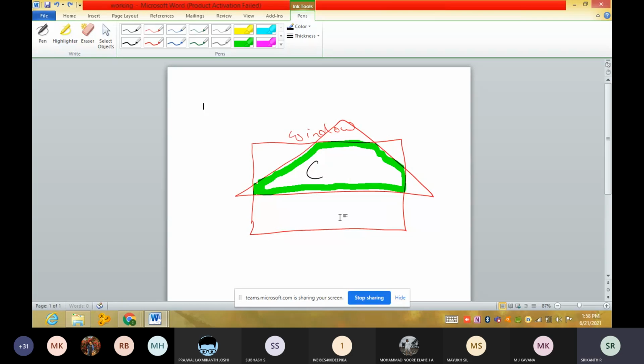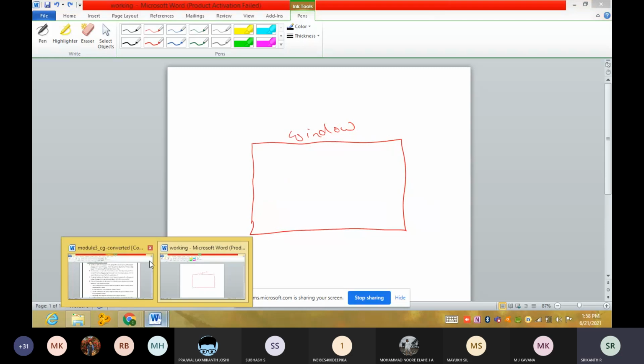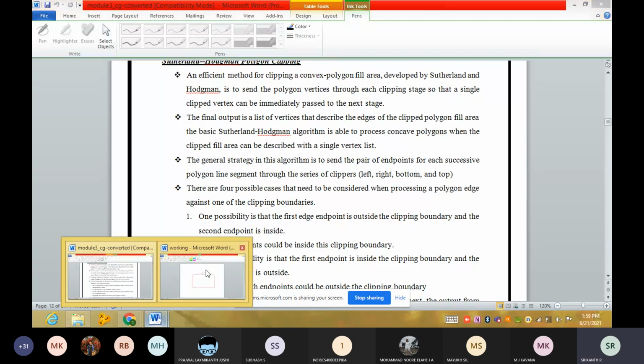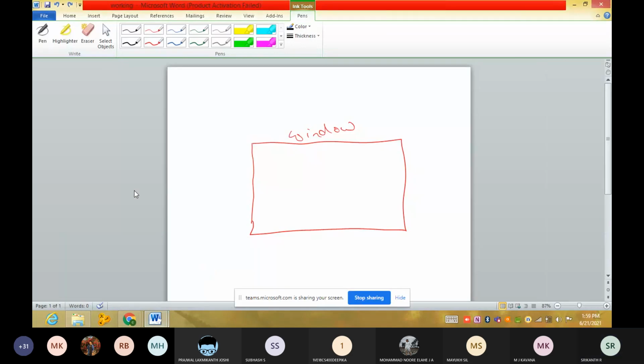It's going to classify into four cases. So this is the window for us. First case: one possible is that the first edge endpoint is outside the clipping boundary and the second point is inside.